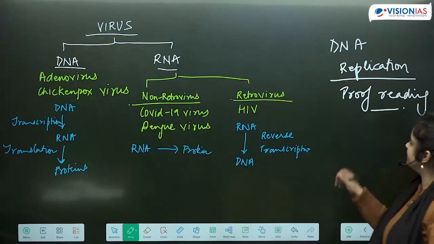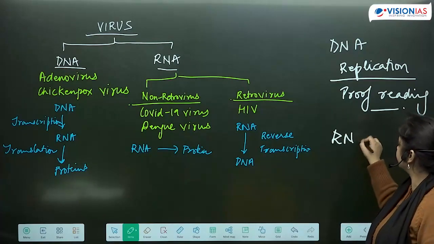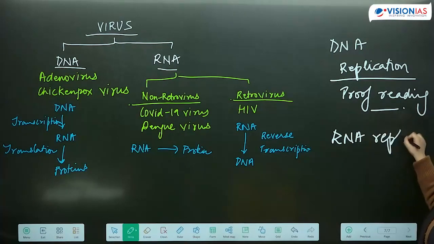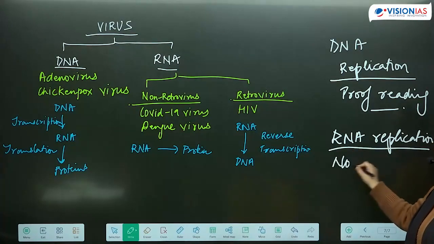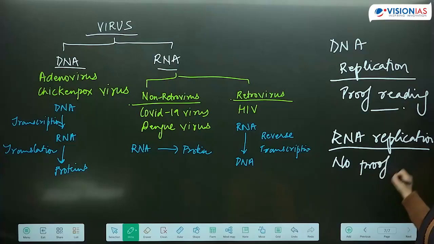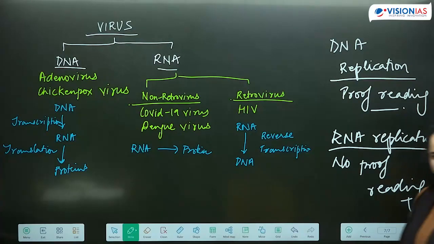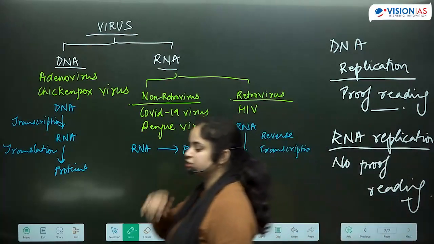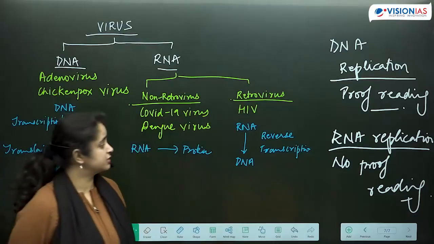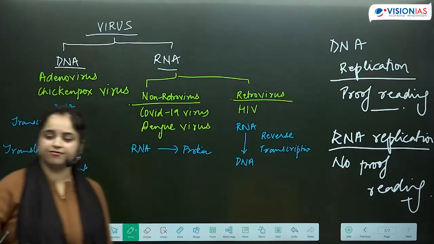But when it comes to RNA, if you talk about new RNA being created or RNA replication happening, there you have no proofreading. RNA is a simpler molecule. Its replication is also simple. And because there is no proofreading here, the chances of error are very, very high.